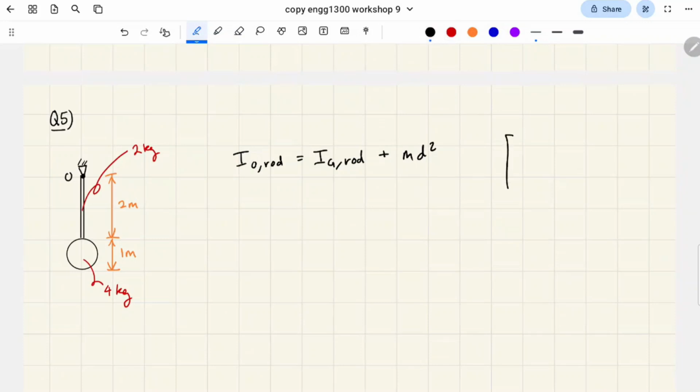Let's draw that out. So it's rotating about O. It's G. That distance there is going to be 1, right? Correct? Oh, I'll do it again. So basically this formula we get from that diagram I showed.